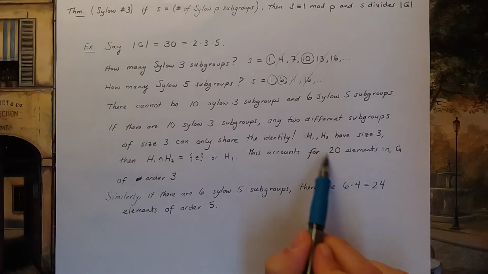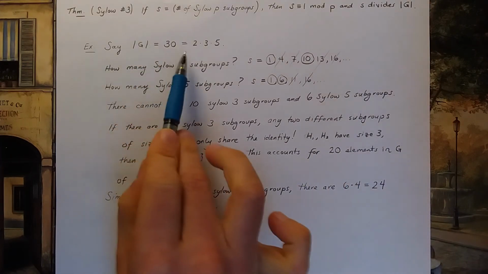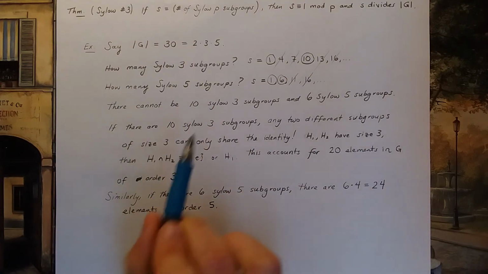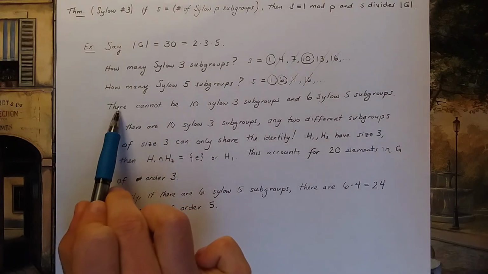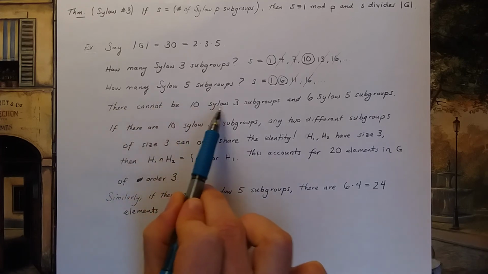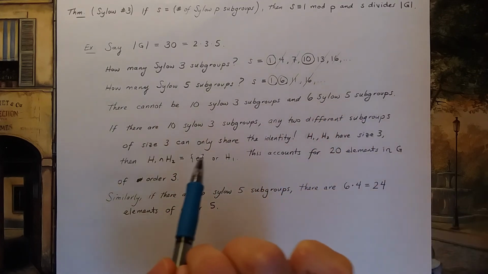I can't have 20 elements of order 3 and 24 elements of order 5 in a group with only 30 elements. The numbers just don't add up. So that means this cannot happen. We have now shown that there cannot be 10 Sylow 3 subgroups and also 6 Sylow 5 subgroups.